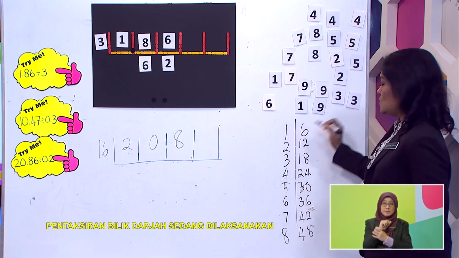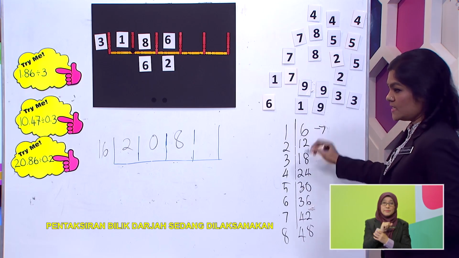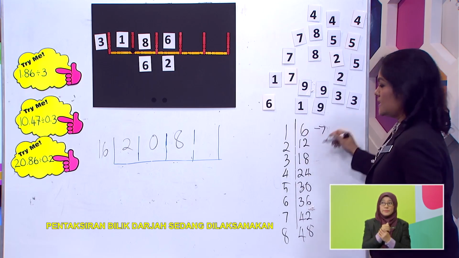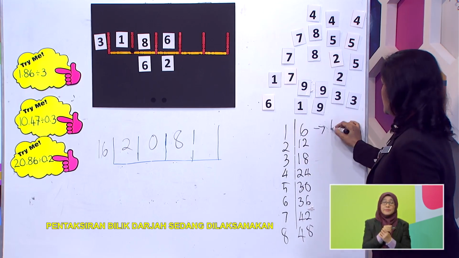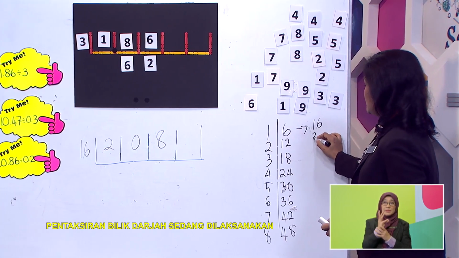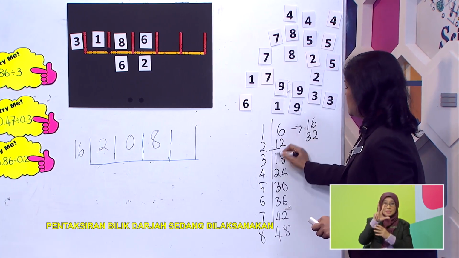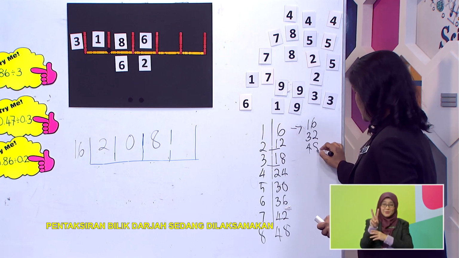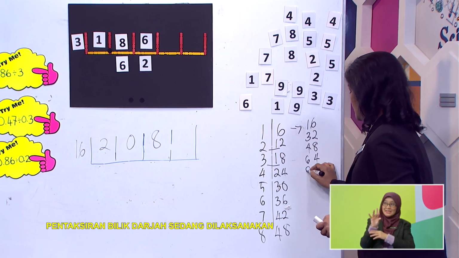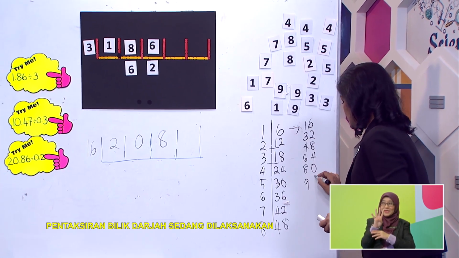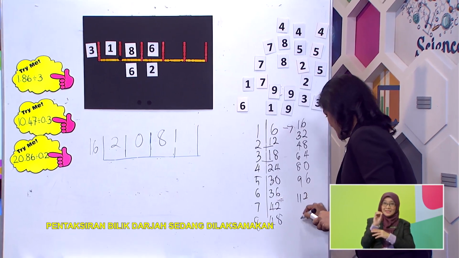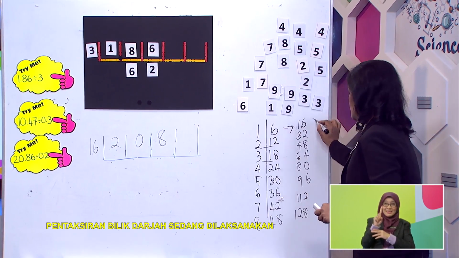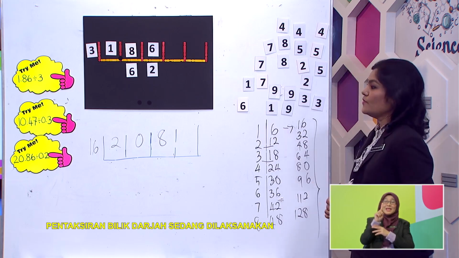To get the multiples of 16, we just add the numbers here. 16, very easy. Next, 32, you add these numbers, and then we have 48. And 64. So 80. And 96. This is very fast. 112. 128. So students can get the multiples of 16.